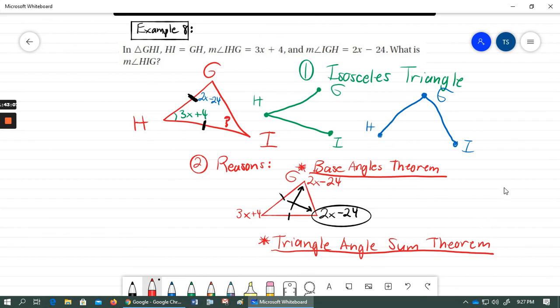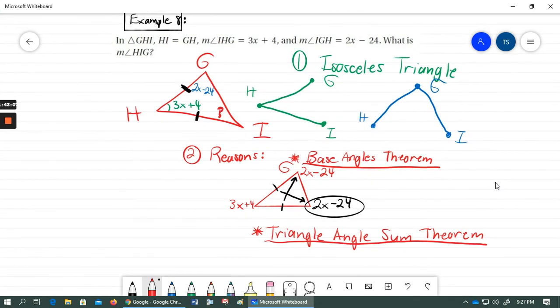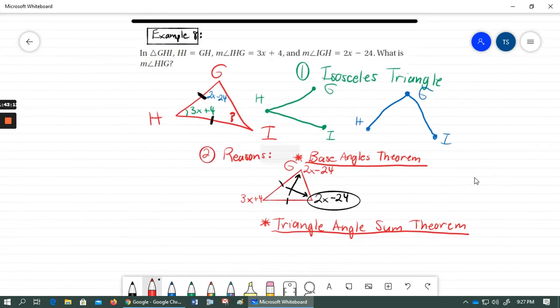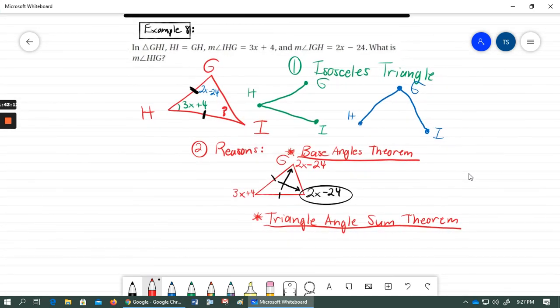I'm going to zoom out a little bit more so I have room to write out what I need to. What's that? 3x plus 4 plus 2x minus 24 plus 2x minus 24. And all three of the interior angles add up to give you 180 degrees.